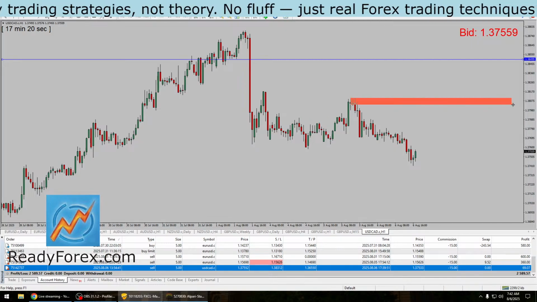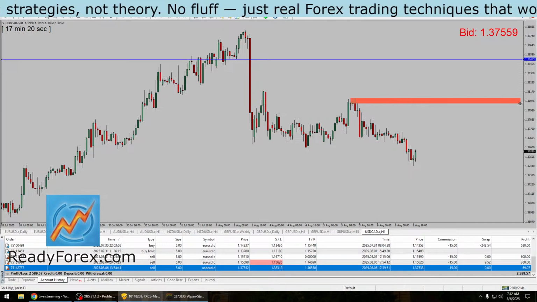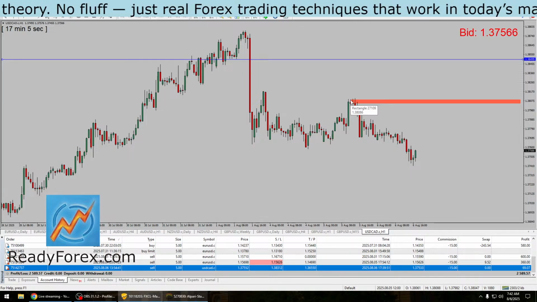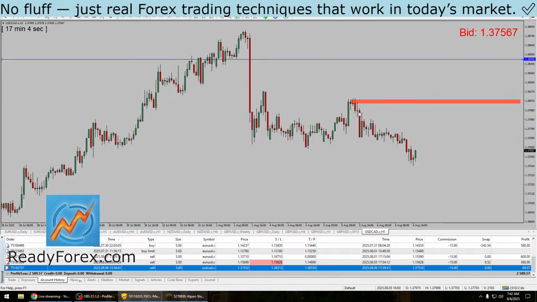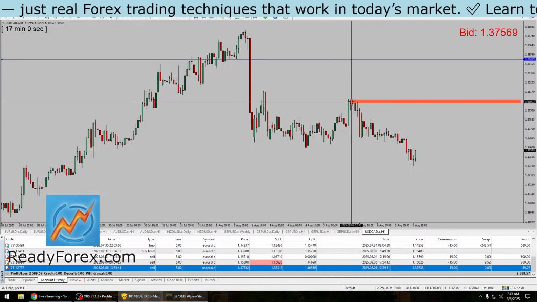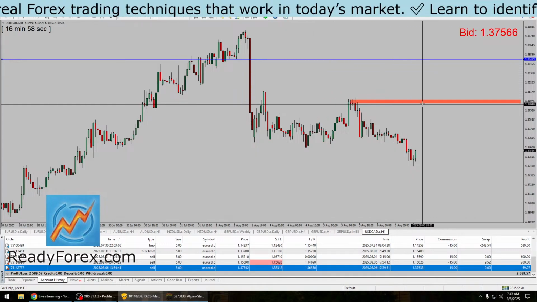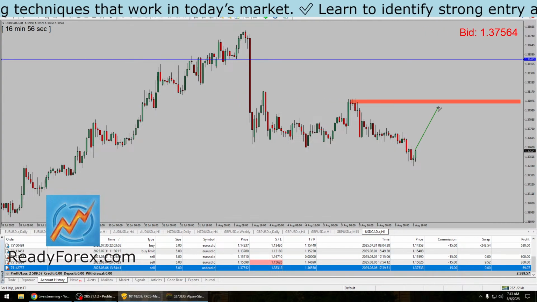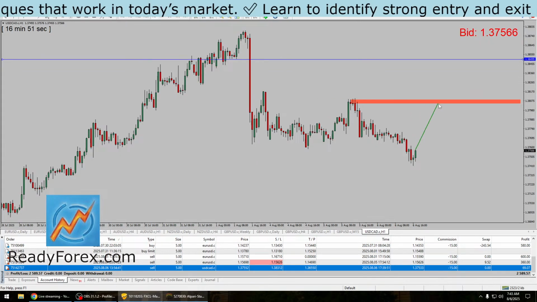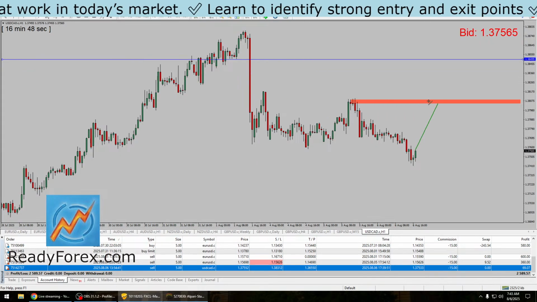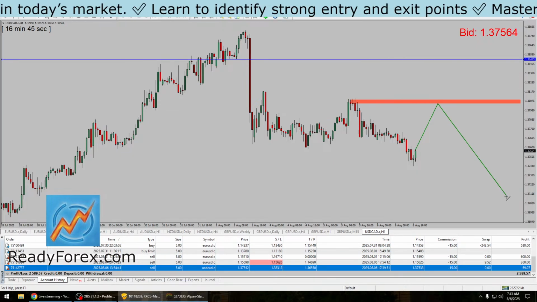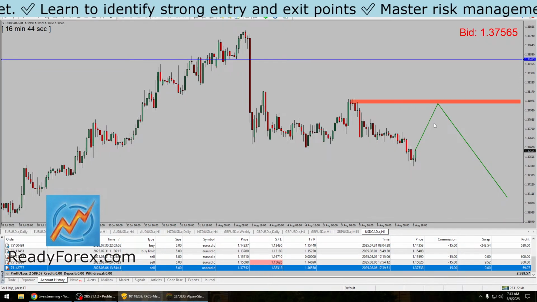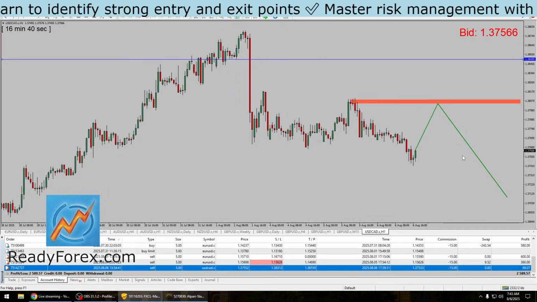This is the zone right over here. The old swing high. Okay. So this area is probably going to, so I might look for a bullish pullback over here, and then try to join a sell down over here, something like that. Okay, so it looks quite possible as well, by the way.